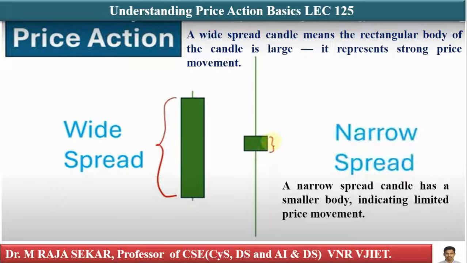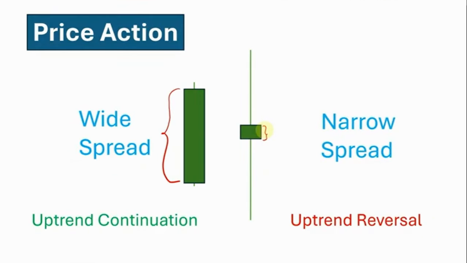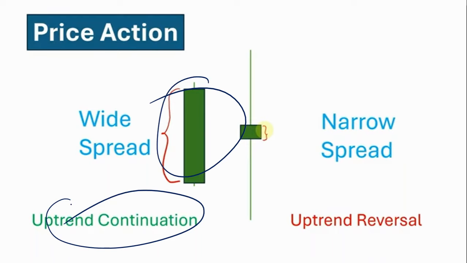It means a candle has a smaller body, indicating limited price movement. A widespread candle suggests trend continuation. This one, widespread, is an uptrend continuation. A narrow spread candle indicates trend reversal.